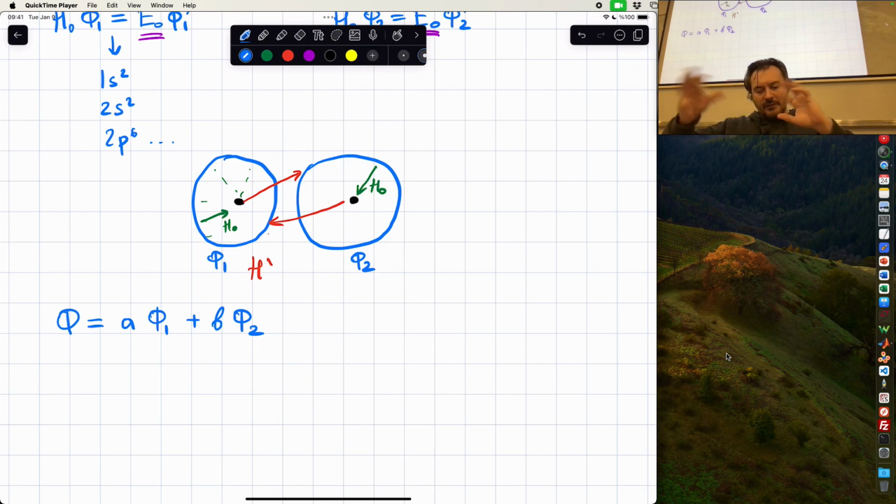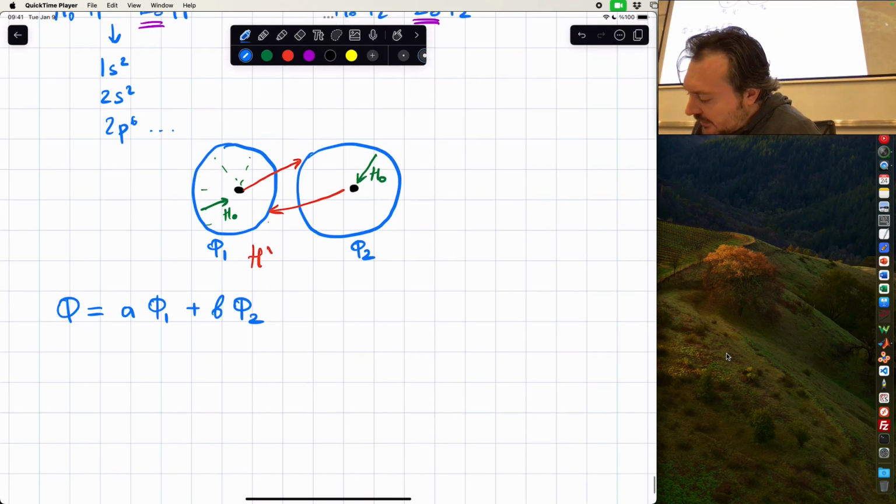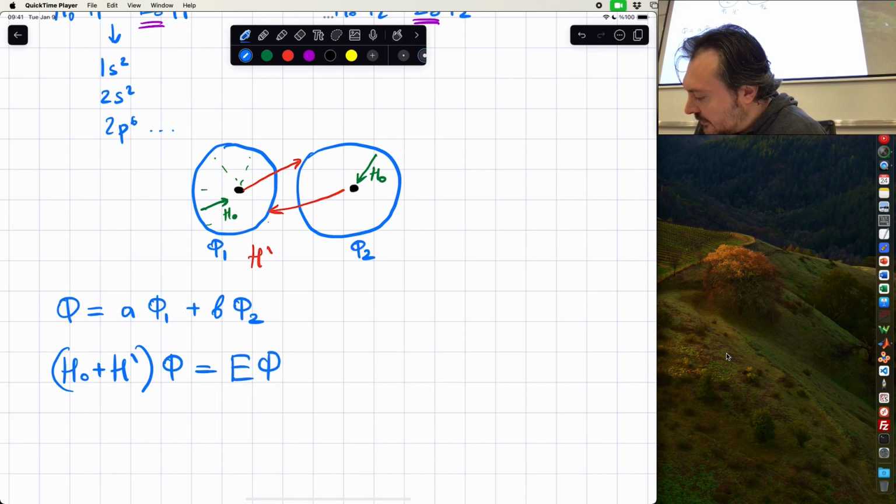So I sum these two functions together in a certain ratio to get one function out of that. And I'm hoping that if I solve H0 plus H prime times phi equals E phi, I will get my energies.